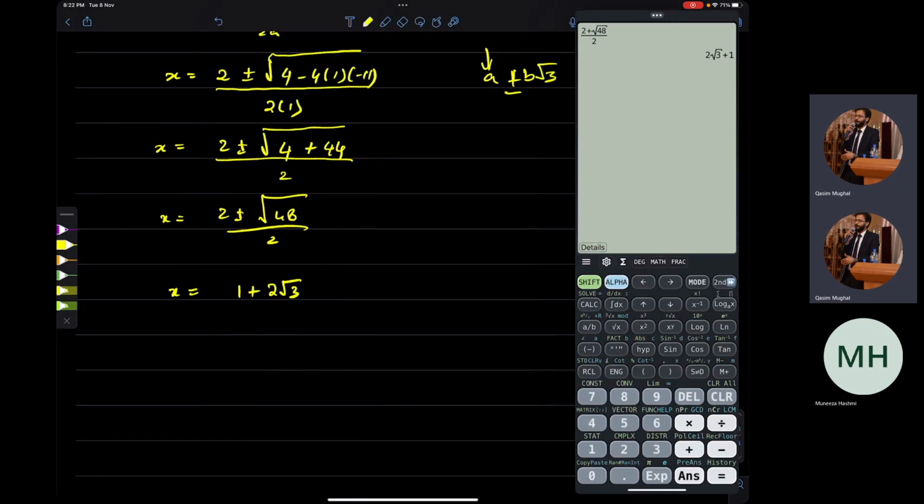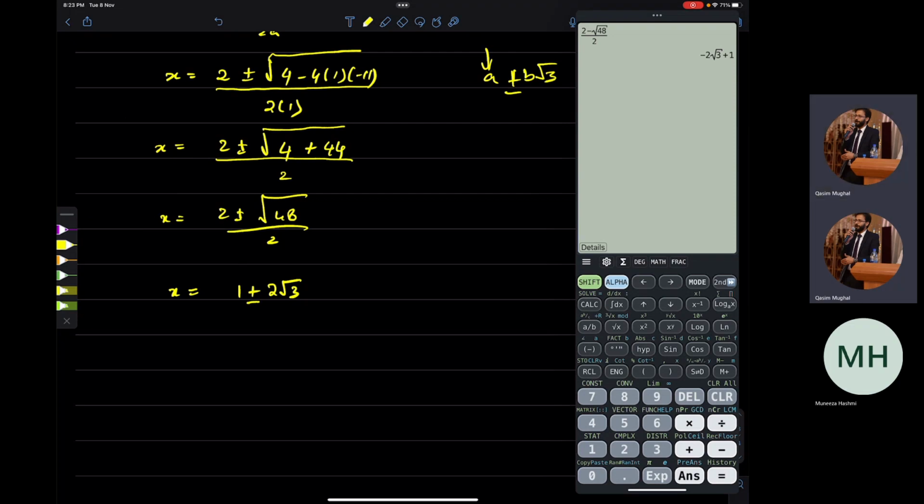I believe you're going to get exactly the same thing, except that 2 root of 3 is going to be negative if I change the sign to minus, because that's what the format of the answer shows. So all I have to do is put a minus sign underneath the plus. Okay? Yes, sir. We've got two values of x.